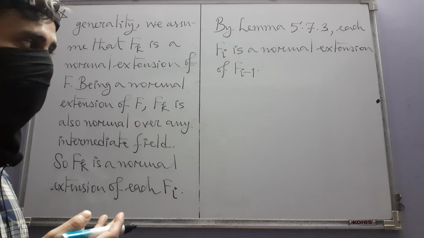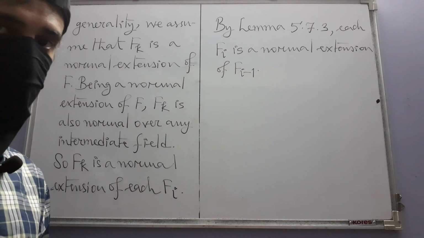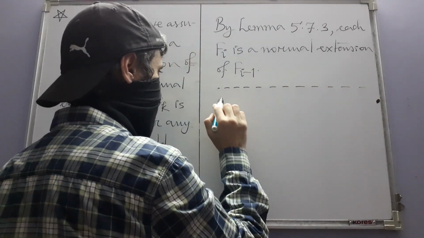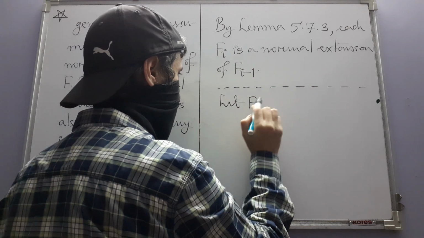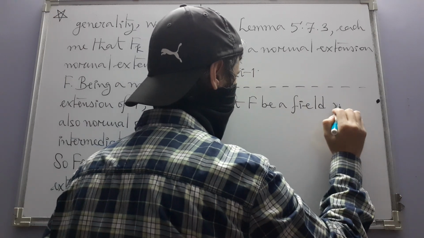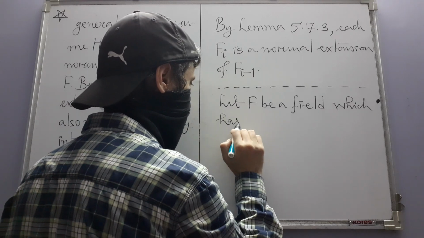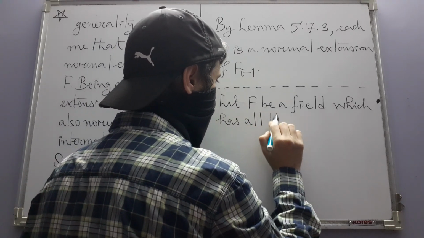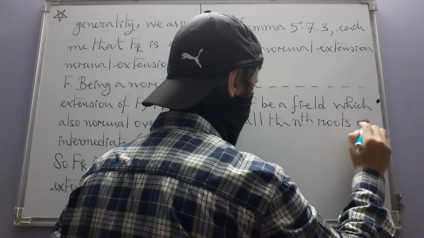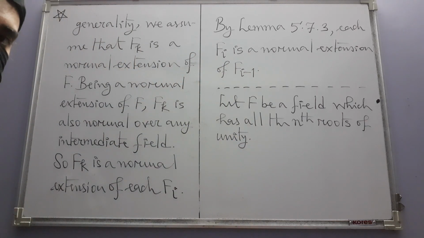It is that lemma in which we start with a field which has all the nth roots of unity for some n. So it was this: let F be a field which has all the nth roots of unity.